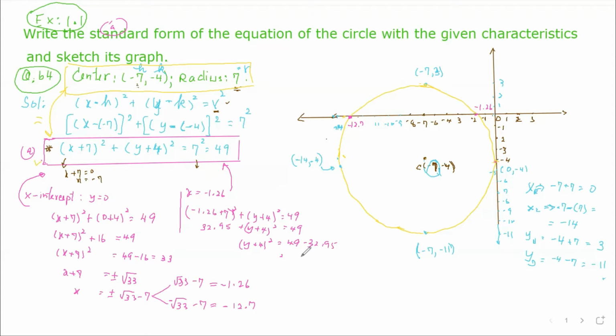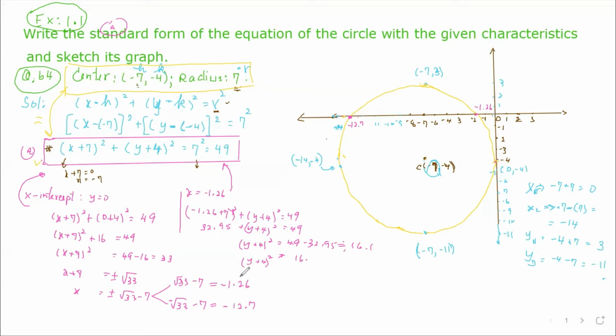Just approximate 16.05, right? Just say 16. So this side is y plus 4, the whole thing, power 2, okay? This approximate, actually, is about 16.1, but we take the whole number.